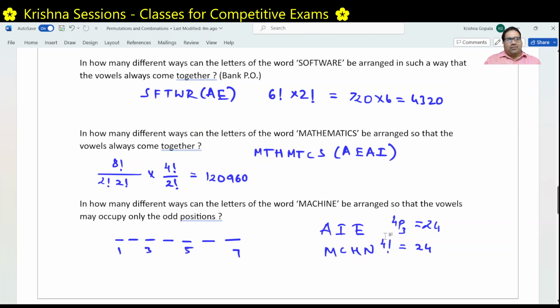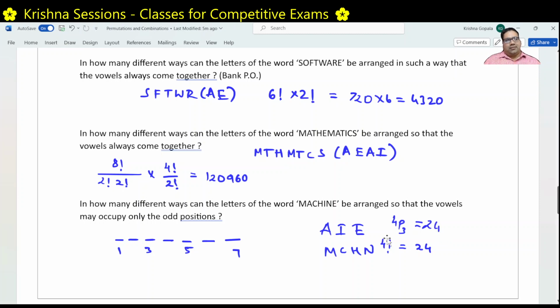So 4 factorial ways the consonants can be arranged, and another 24 ways A, I, E can be arranged in the 4 slots. So total, 24 into 24, 24 squared. Don't get confused. First, we have to separate A, I, E, and we have 4 slots. We can arrange A, I, E in these 4 slots in 24 different ways.